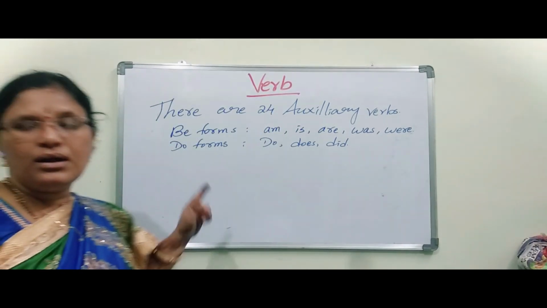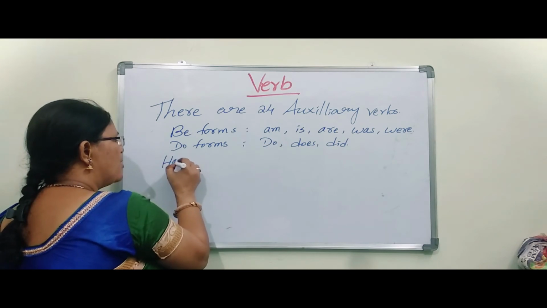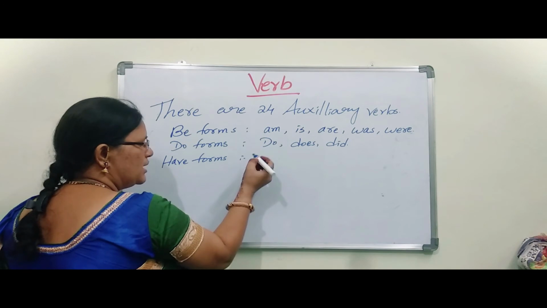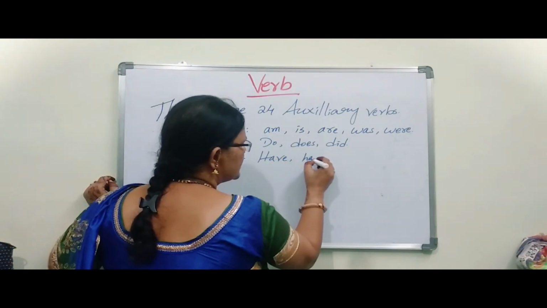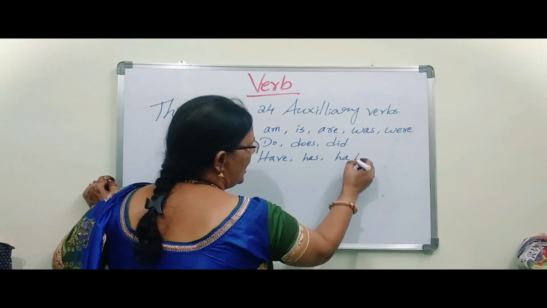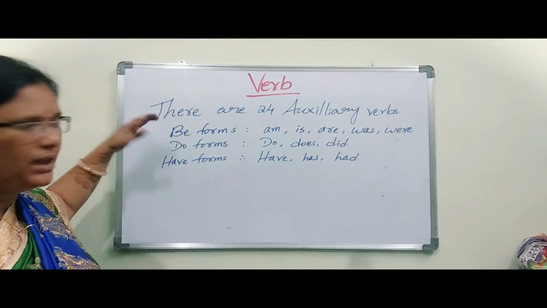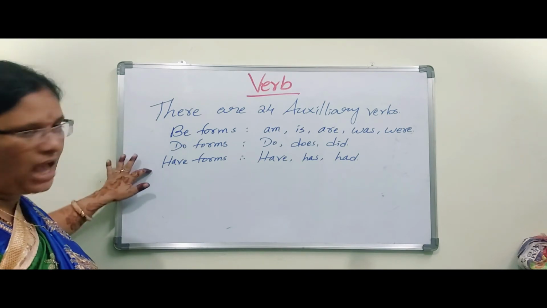Next, have forms: have, has, had. So these are all primary verbs.